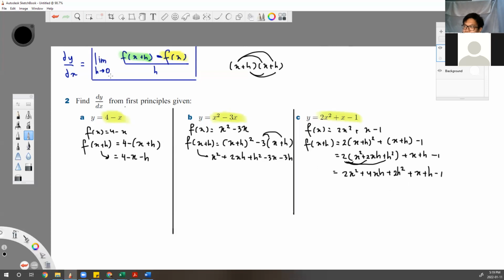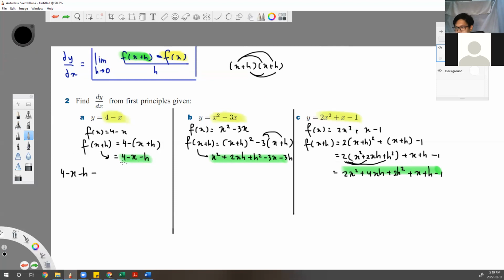Okay, now substitute. I just drew the green highlight for f(x plus h). So substitute into the limit formula. What's here? 4 minus x minus h, subtract f(x), the yellow, and this is the green one.